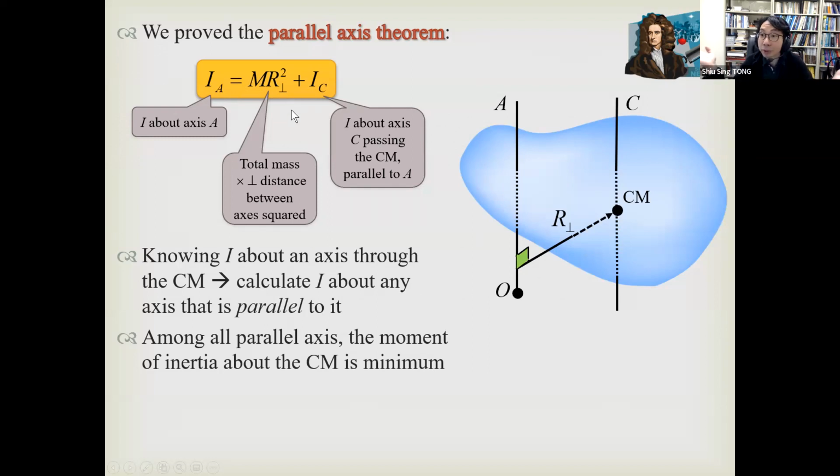So this relationship is simple. That means, if you find the moment of inertia of an object about an axis through the CM, you will be able to find the moment of inertia of the same object about any other parallel axis, as long as you know the distance of that axis from the center of mass. So you simply add the term M r prime squared, and you get the moment of inertia at any other parallel axis IA.